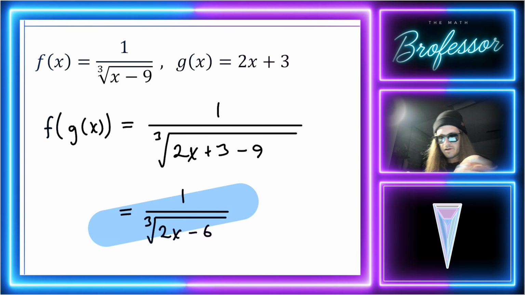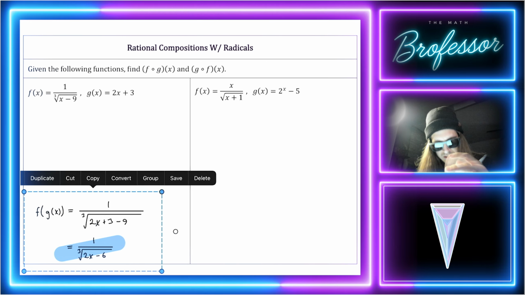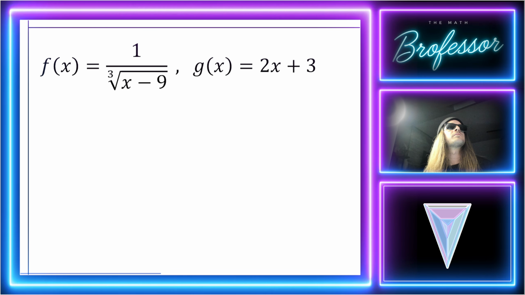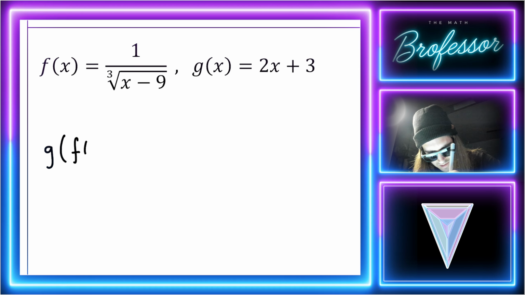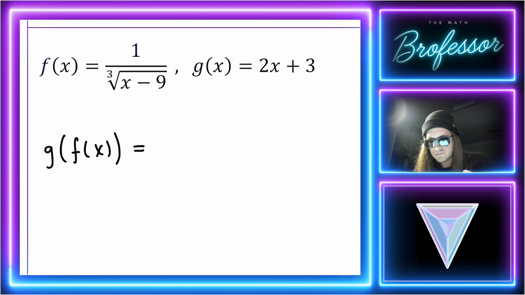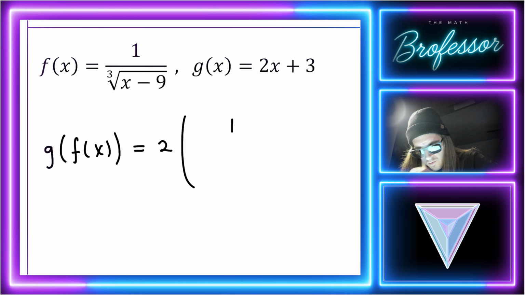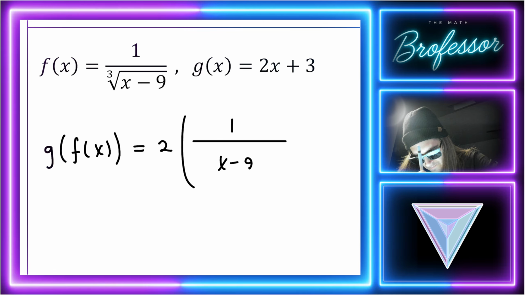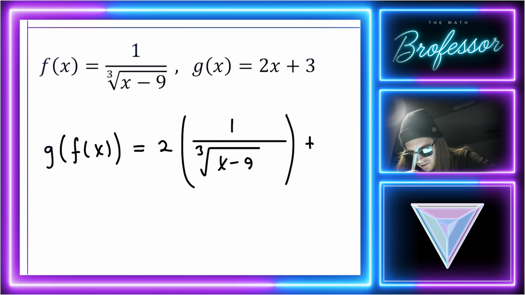Let us go the other way around. How much room did I give myself? Let's see if I just throw that down there, if that's enough room. Other way around is going to be g of f of x. G of f of x equals 2, and then I'm just going to plug in this whole thing. 1 over cube root of x minus 9 plus 3.